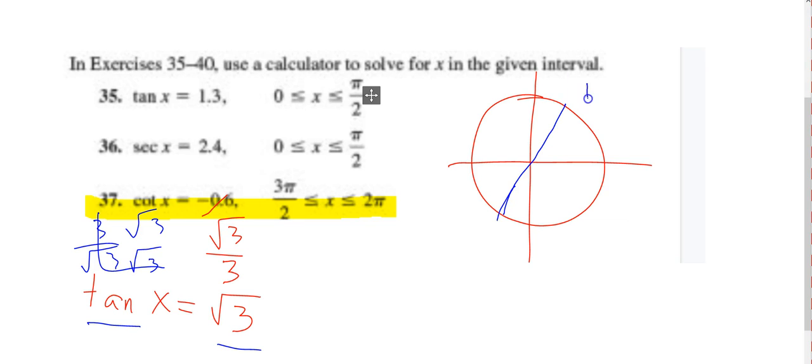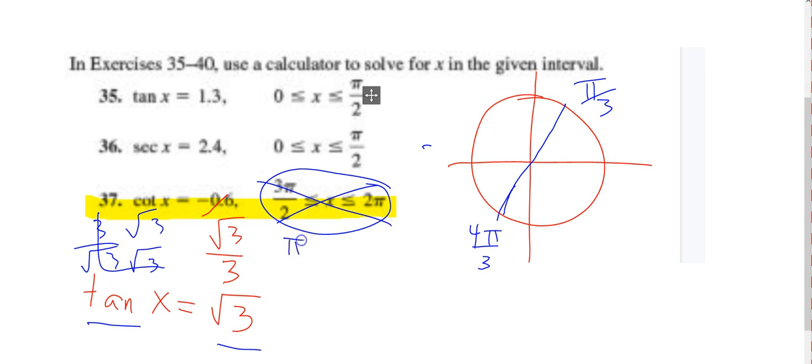Now, in terms of pi over 3 is 4 pi over 3. Okay, now look at what they specifically said. They said they wanted x to be in the third, that says fourth quadrant. Okay, now that would be wrong, obviously, since I changed the question. Let's say this was the question, 4 pi over 3.